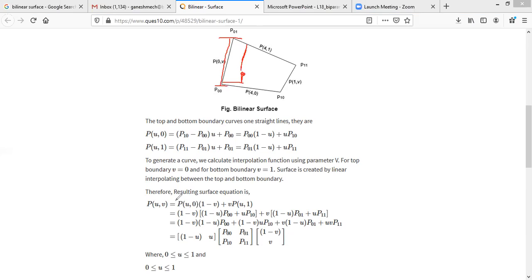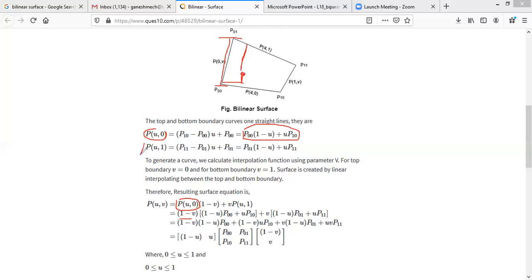So p of u comma 0 we already know from here. Rewriting this equation, we get the simplified equation: 1 minus u into p00 plus u into p10. And similarly, the next thing is v into p of u comma 1.